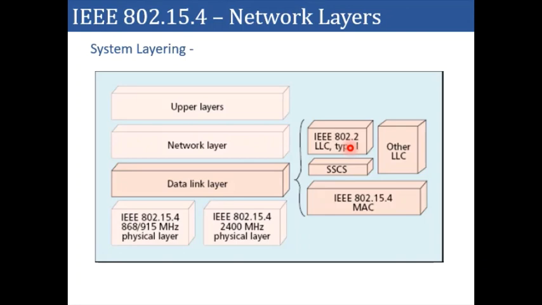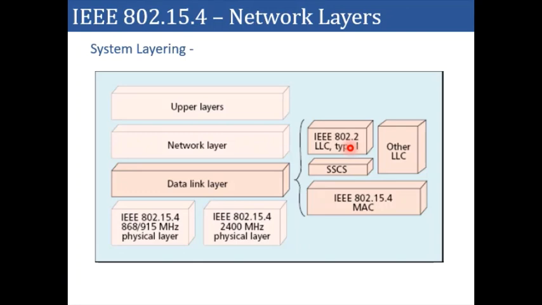So that's why type 1 has the unacknowledged connectionless mode of services. Other than type 1, there are type 2 and type 3 services. In type 2, the data service is connection mode service, and type 3 is acknowledged connectionless mode service.